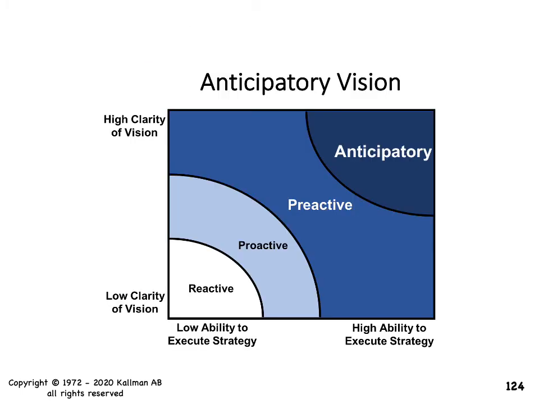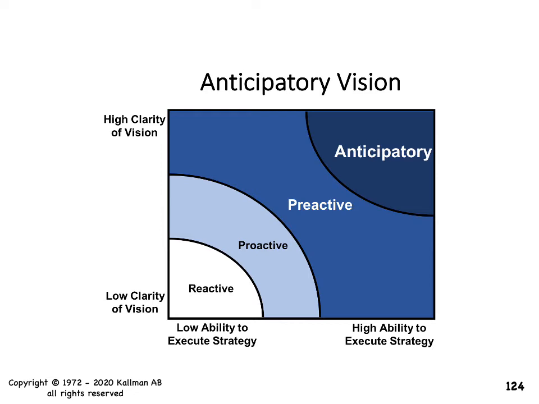So basically what I did is take the ideas from Flash Foresight and the ideas from the anticipatory organization and created a Stacy-like diagram for anticipatory vision.